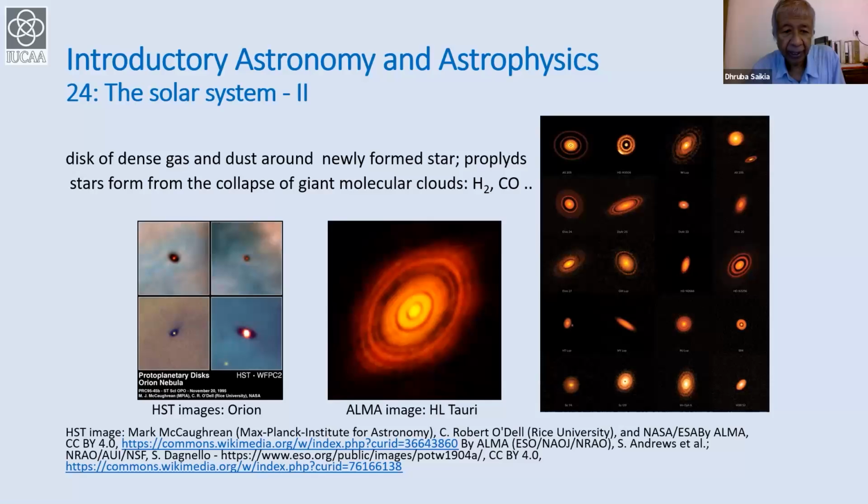And today we find evidence of these disk-like structures, protoplanetary disks, in many stars. I've just shown you some examples of images with the Hubble Space Telescope and with the Atacama Large Millimeter Array, because these disks would also radiate in the millimeter and infrared wavelengths. And you can see a whole range of different categories of them.